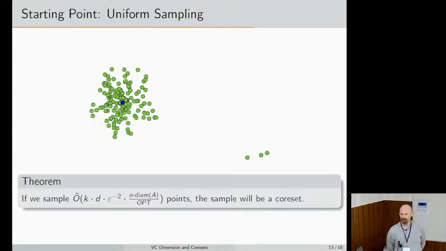The reason why uniform sampling doesn't work is that it requires some amount of pre-processing. If I just take this instance right here and take a uniform sample of it, I'm not going to see these 3 points, unless I'm sampling close to n many points. But they're important for the cost. If I place this center right here, and I do not have these 3 points, then my cost estimation is going to be widely off.